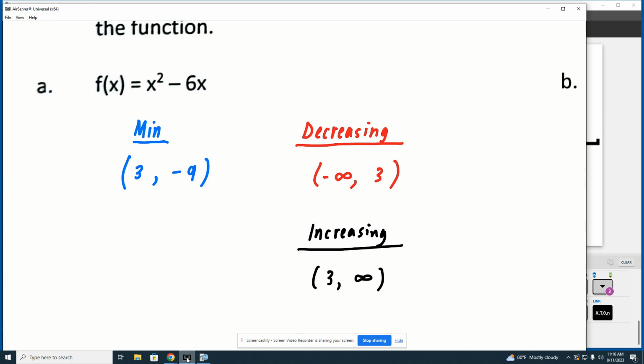The key thing I want to make sure you guys understand is this. When it comes to your increasing and decreasing intervals, your focus is the x value of your minimum and maximums. Look, it's in both of these. It was the key to where it stopped doing one thing from left to right and started doing the other.